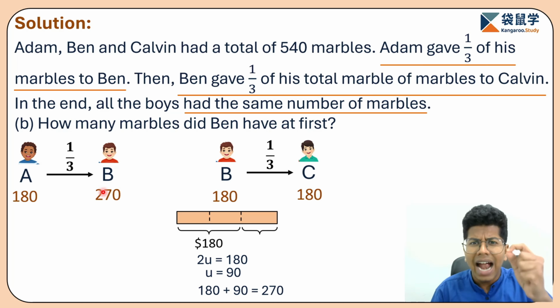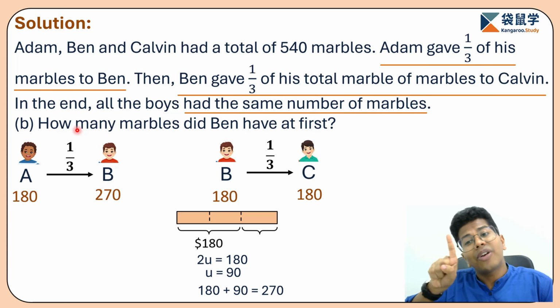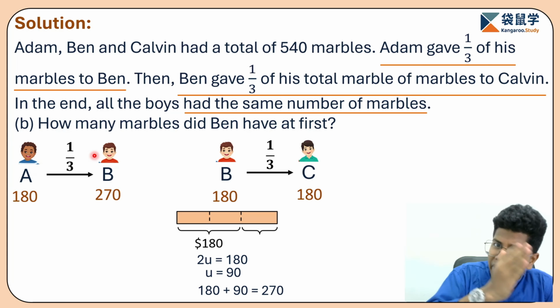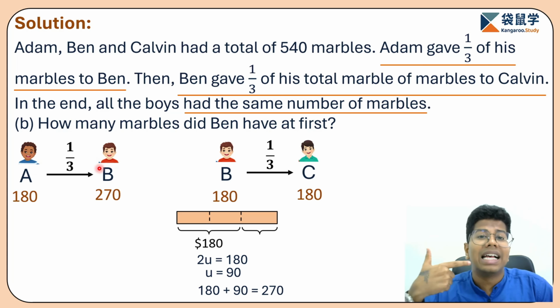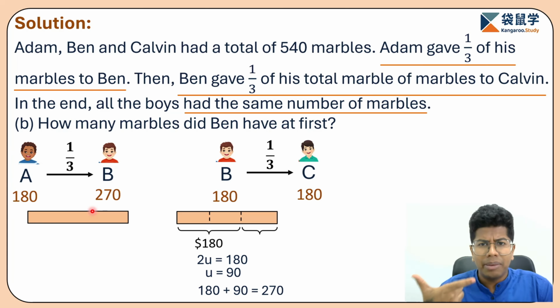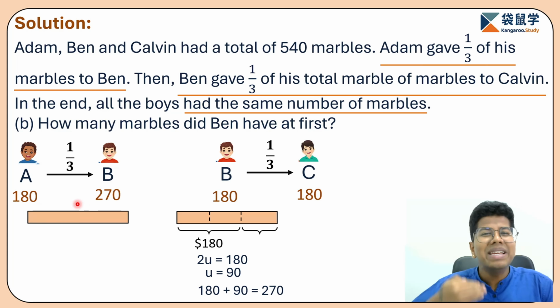Now, he had 270. He had some extra marbles. From where did he get some extra marbles here? Yes, he got them from A. For A, after giving, we know the value he has is 180. If this is the model that represents the number of marbles A had, this 1/3 is given. This means it can be divided into how many parts?